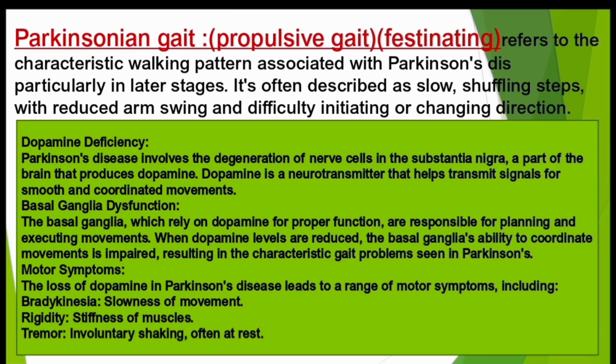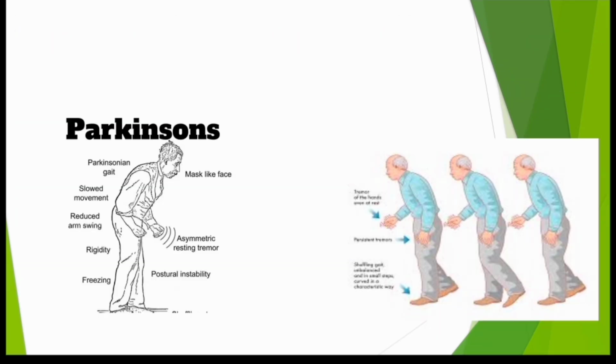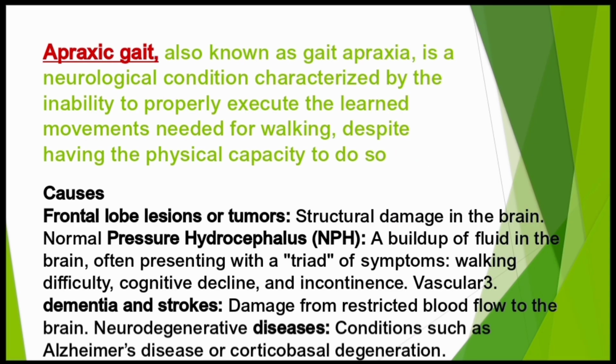Even at rest they are shaking. So this is Parkinsonian gait. You can see in the picture how the person is walking: slowed movement, reduced arm swing, rigidity, freezing, and postural instability.